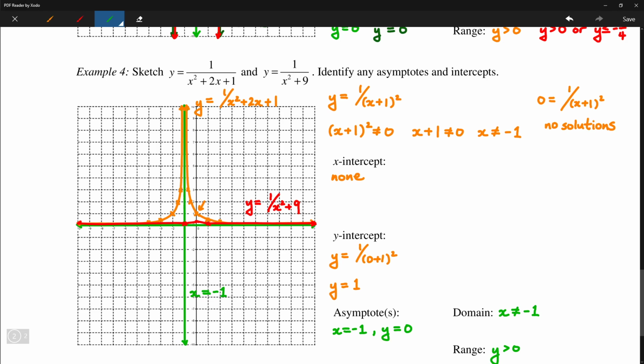Let's see, does it have any non-permissible values?